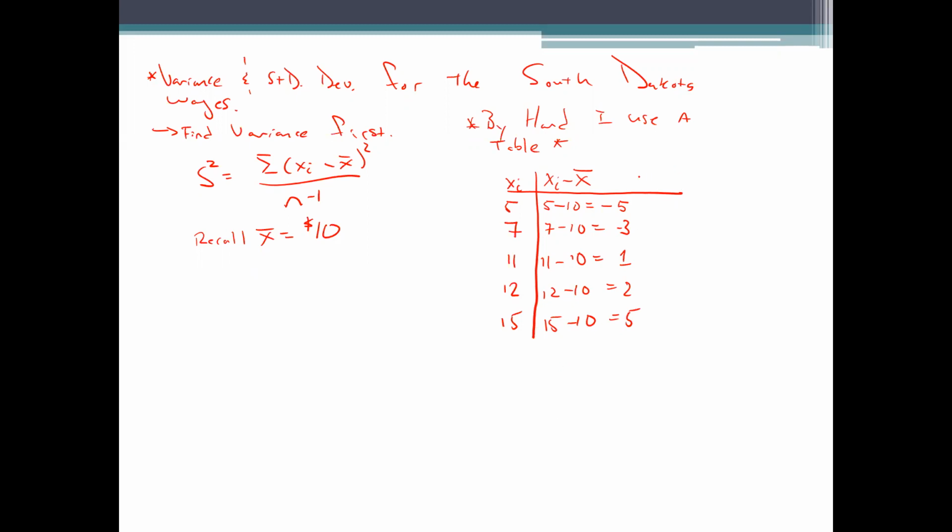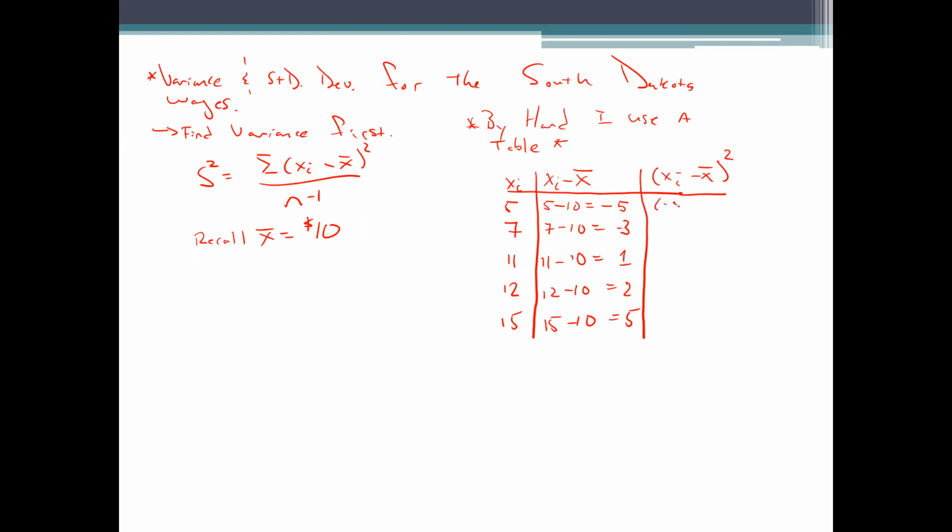Now this is exactly why we square it. If you were to take minus 5 plus minus 3 plus 1 plus 2 plus 5, you would get 0. So our formula tells us to square it. I'm going to take all these values and square them.